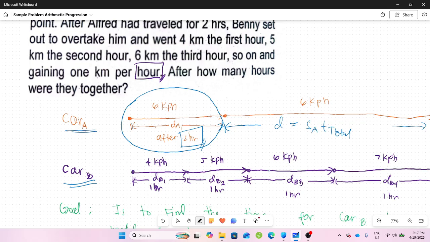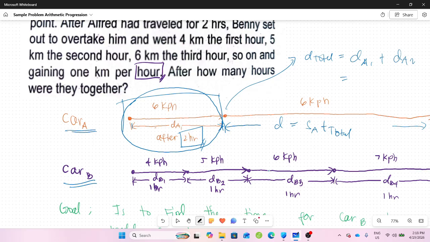So in short, for car A, there are two distances here. The total distance covered by car A is DA1 plus DA2. Our DA1 is the distance traveled in 2 hours.